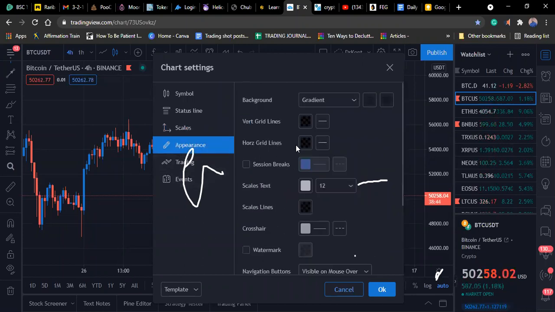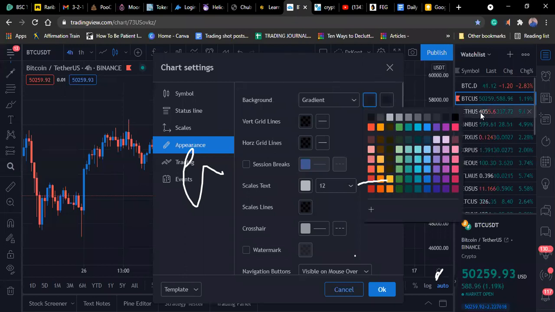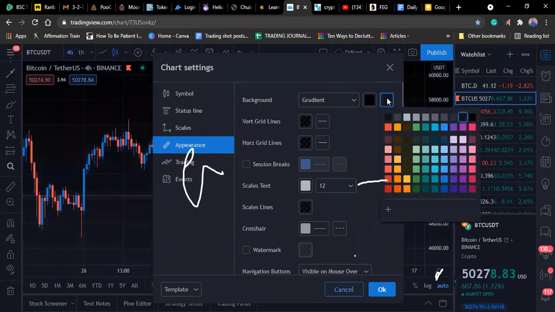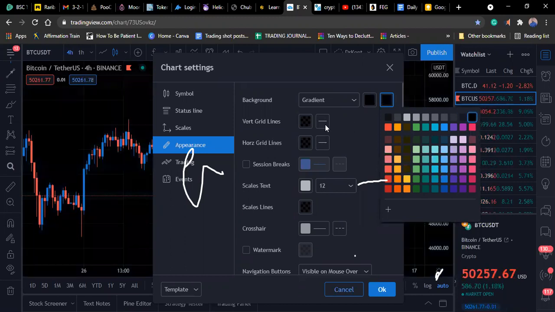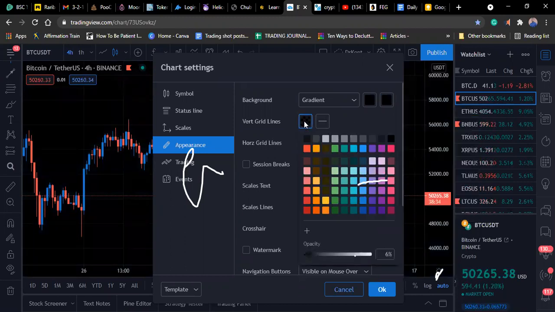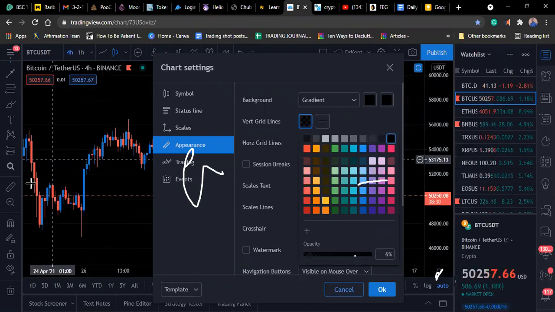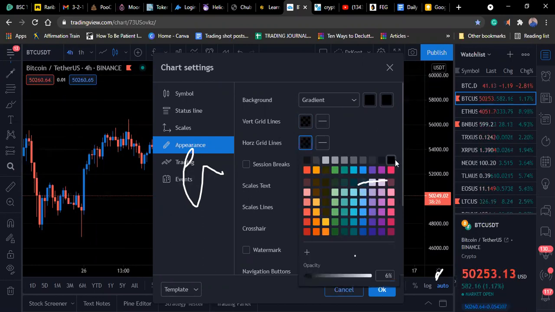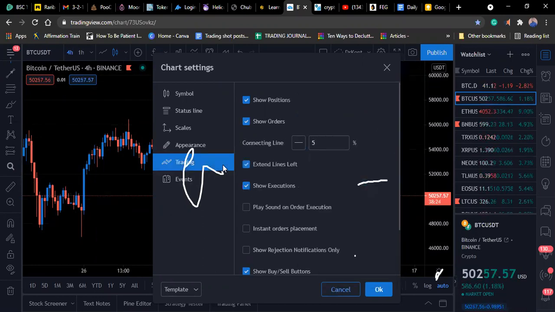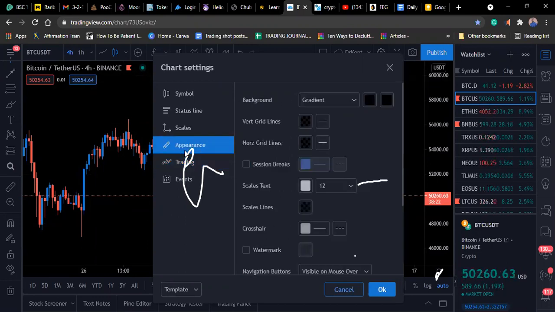I usually change appearance here, like the background, I usually prefer it to be black. I make my background black. Then vertical grid lines, I usually make it black so that these lines you have in the background will disappear. I make it pure black too. So the lines have disappeared.